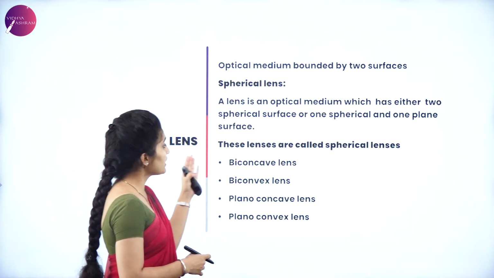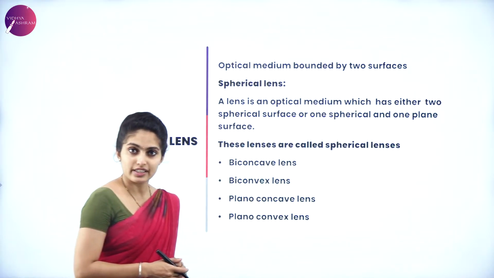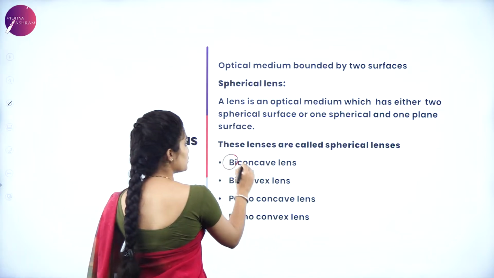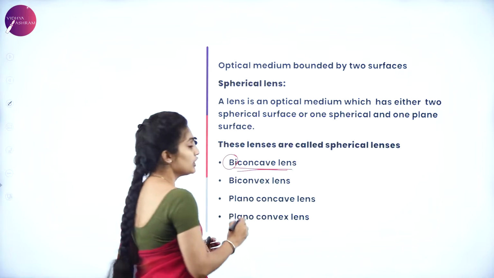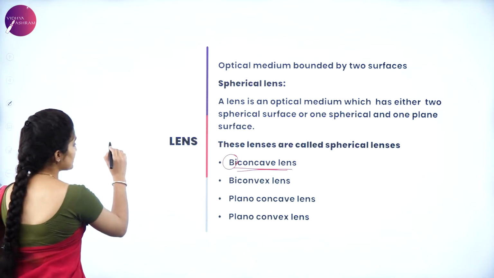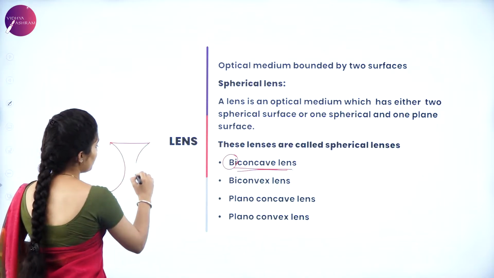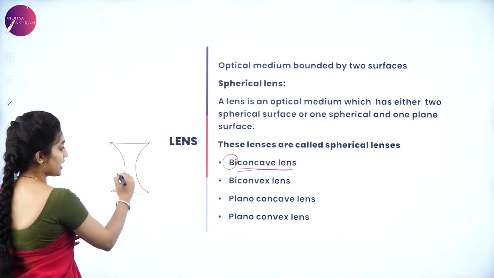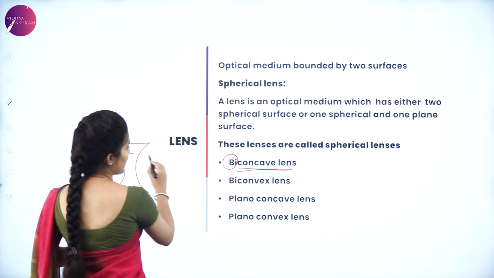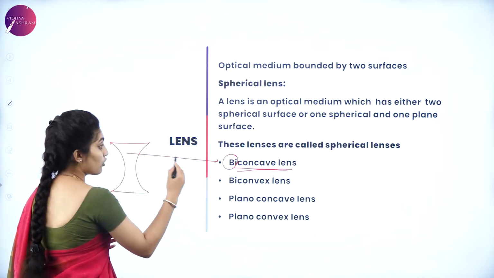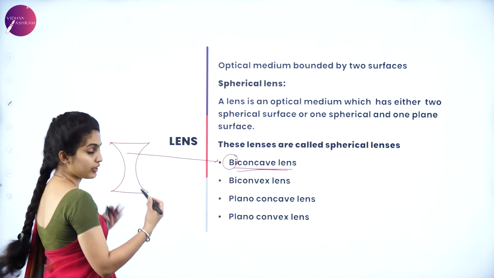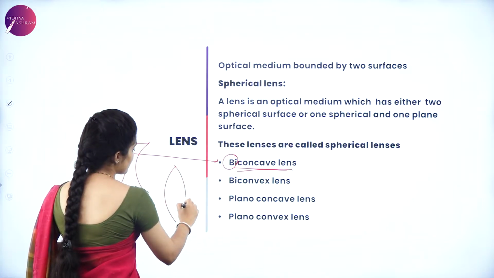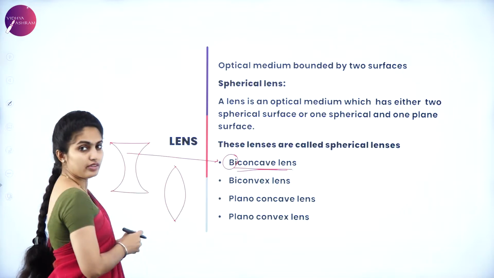So here these lenses are spherical lenses, and you have got biconcave. Bi means it is two and this is concave lens. So you know the concave lens is of this form, which is thicker at the edges than at the middle, okay. So that is known as your biconcave, or it is known as concave, and convex lens is nothing but the one which is bulged at the center.